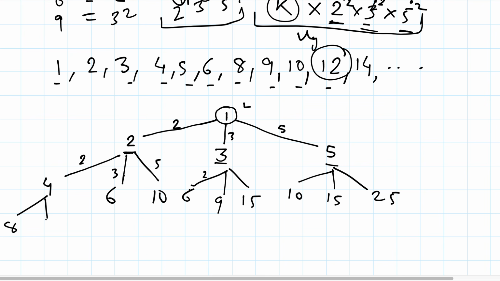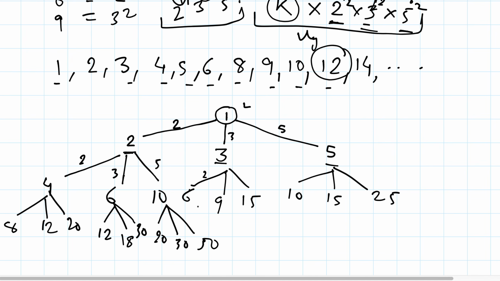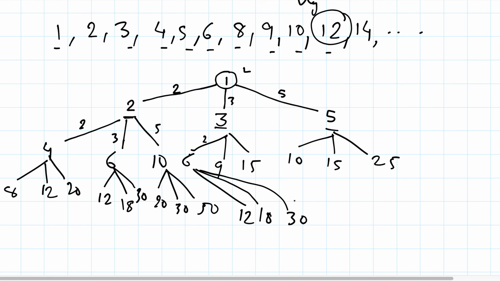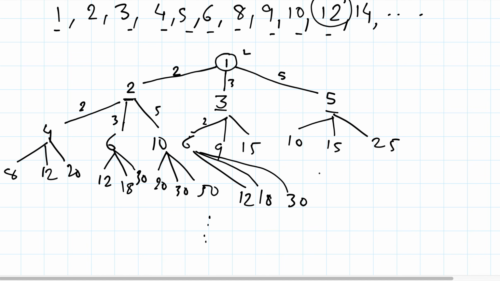Then 8, 12, 20, then 12, 18, 30, then 20, 30, 50, here also 12, 18, 30 and so on. So it will quickly be growing exponentially.